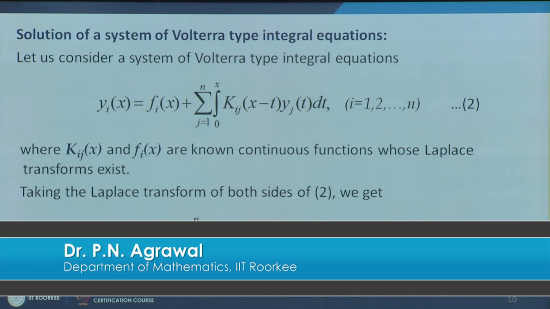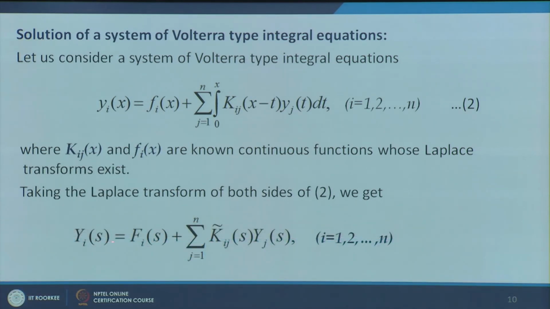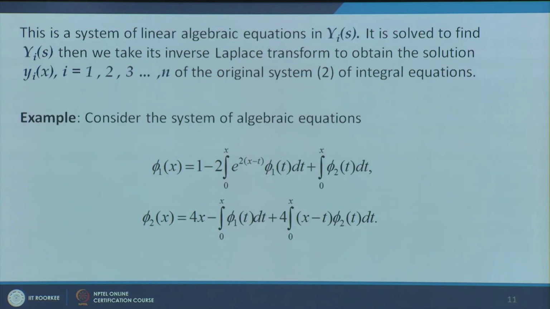There will be n equations in the unknown functions phi_i(s). We can determine the unknown functions phi_i(s) from these n equations, and then in order to find the solution of the given system, we will take the inverse Laplace transform of phi_i(s). Taking the inverse Laplace transform will determine the unknown function phi_i(x) for i equal to 1, 2, 3 and so on up to n, which gives us the solution of the original system of integral equations.